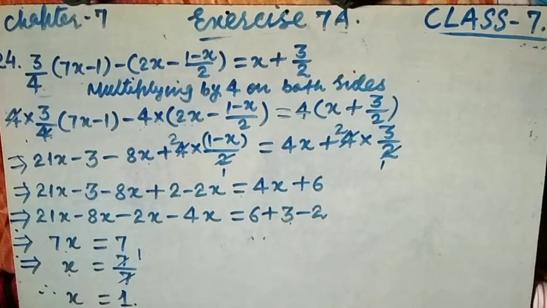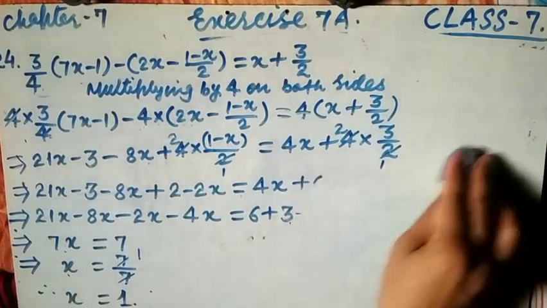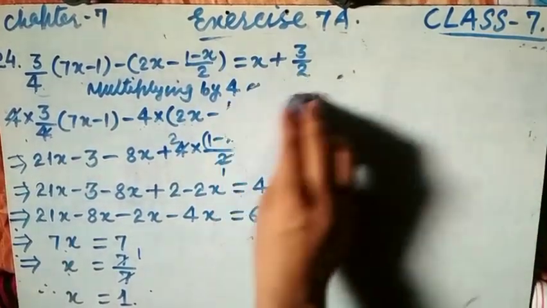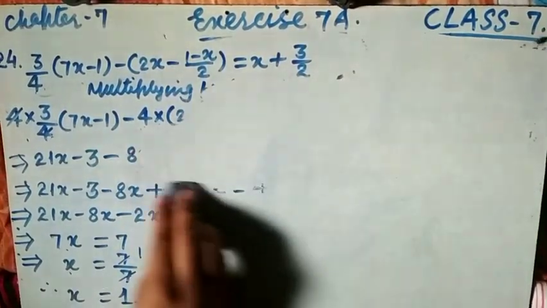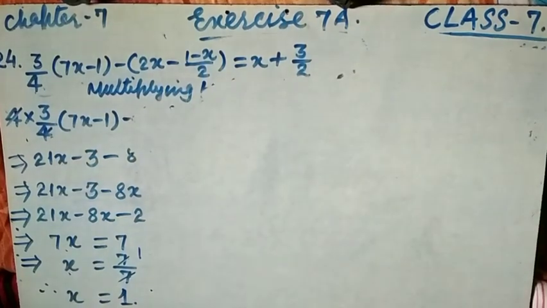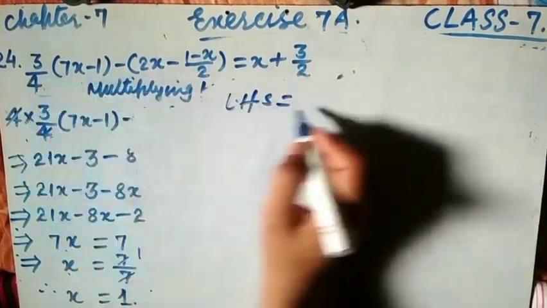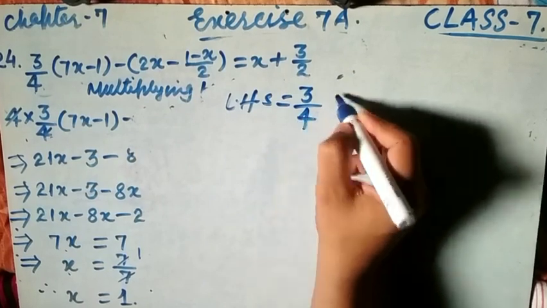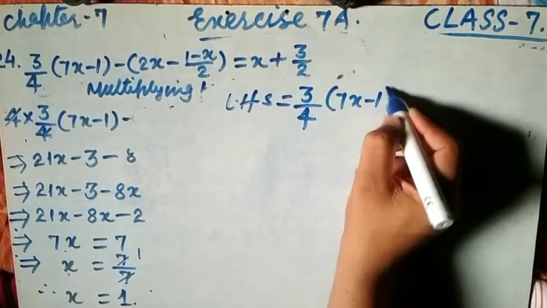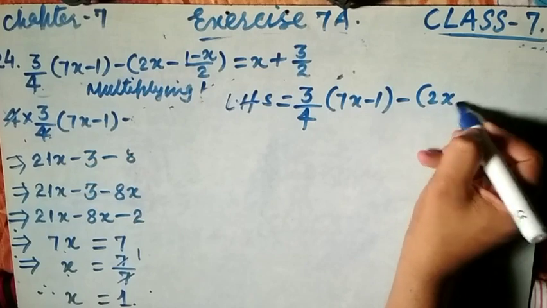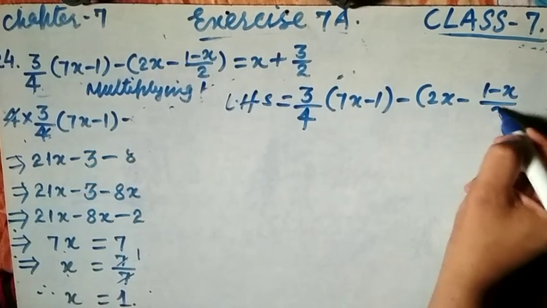Now let me check by putting x is equal to 1 in the left hand side and right hand side. Okay, then have a look. First write the left hand side, LHS: 3 by 4 into 7x minus 1, minus 2x minus 1 minus x divided by 2.